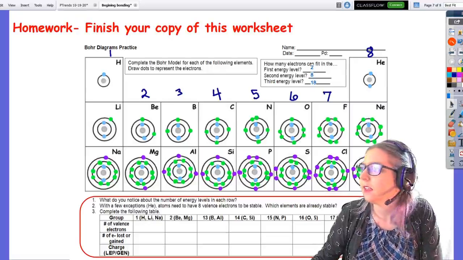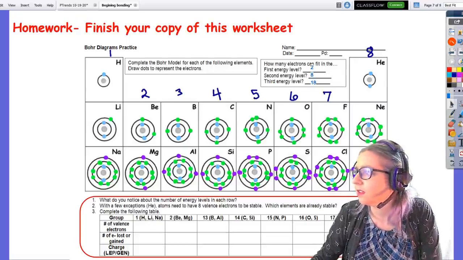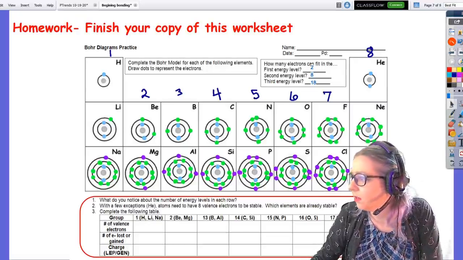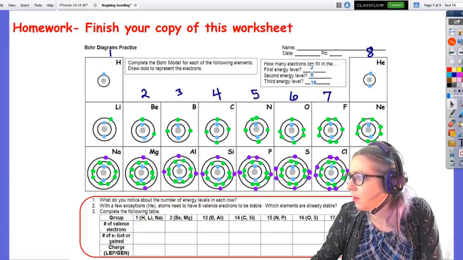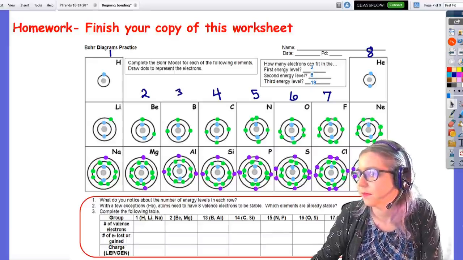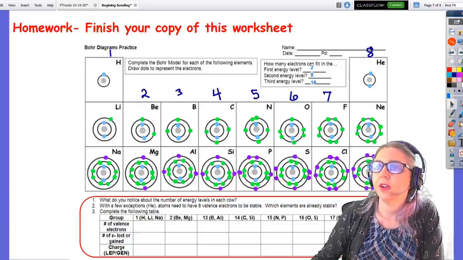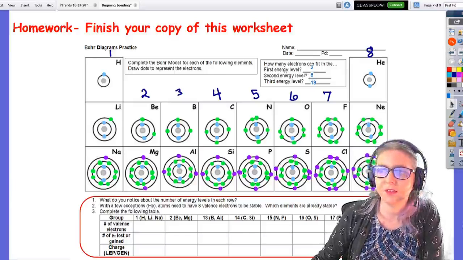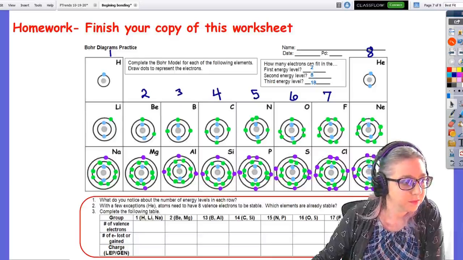So let me make this a link. Assignments. Oh golly, this was CW. Bohr models in the periodic table. There we go. So if you can't find yours, if you never submitted it, if it didn't save, you can get a blank copy here that will download the PDF.